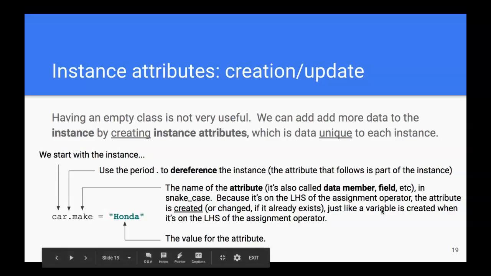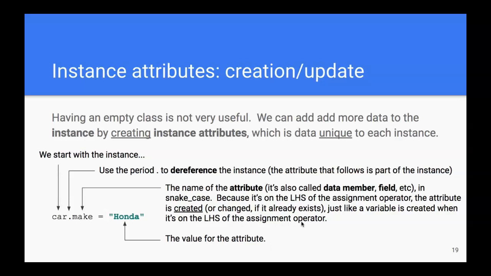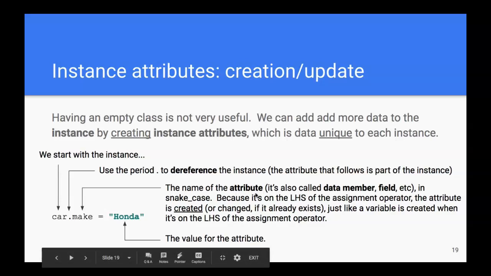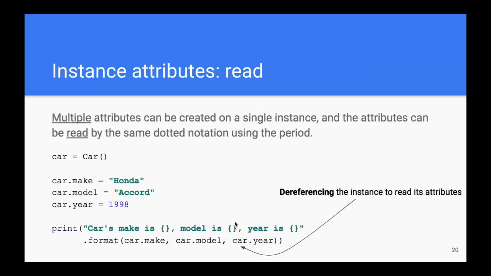If you put a variable on the left-hand side of an assignment operator, we either create that variable if it did not already exist, or change the value of that variable. So attributes are pretty much like a variable, except they're part of an instance of a class. And then finally, on the right-hand side of the assignment operator is the value for the attribute. Right.